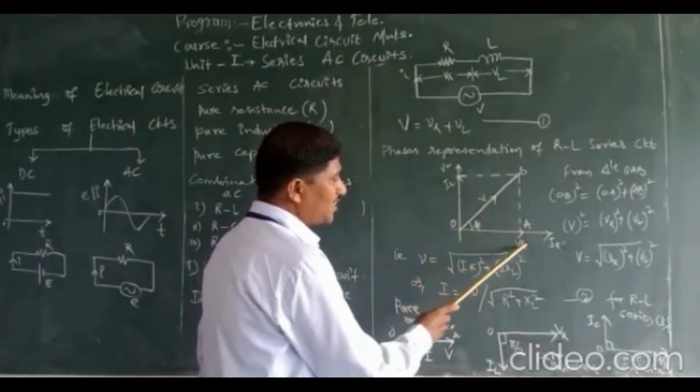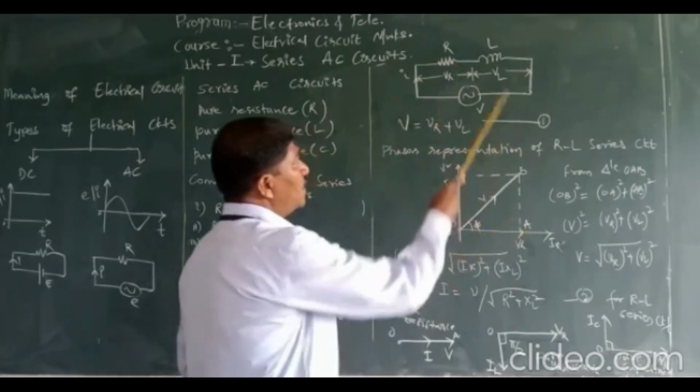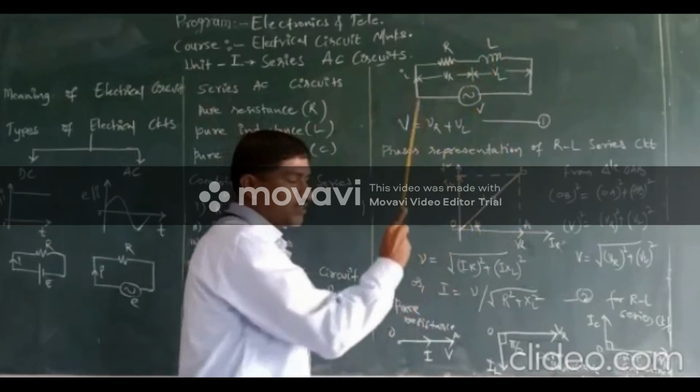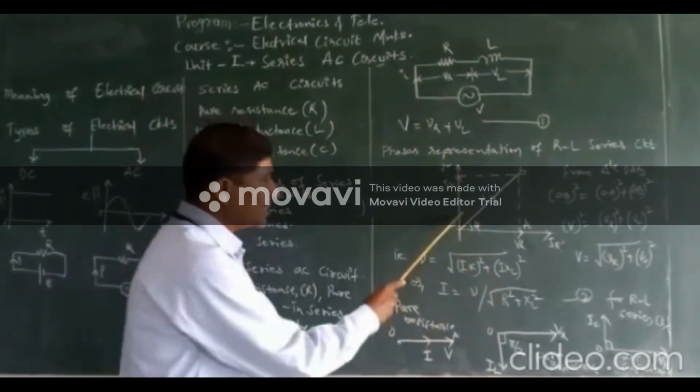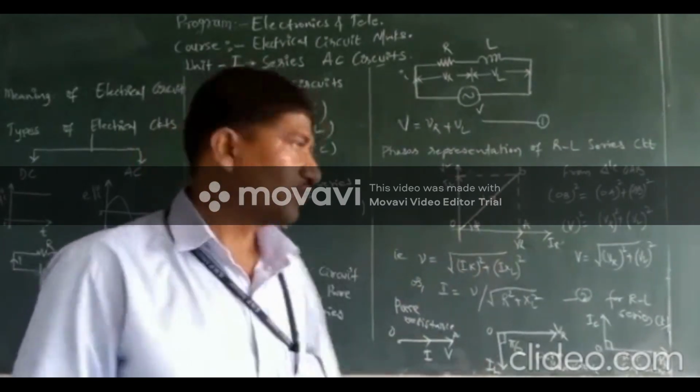So this OA represents the drop due to resistance, represented by vector OA. Whereas the inductance phasor is represented by this vector along the y-axis, which is lagging the voltage by an angle of pi by 2 in this circuit.